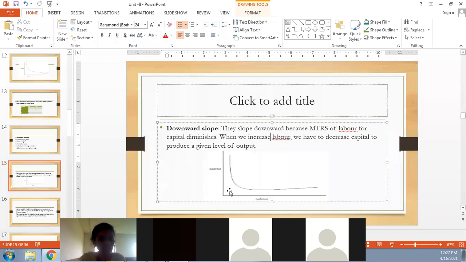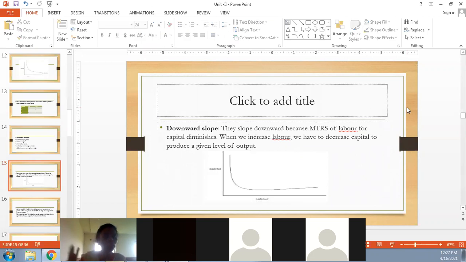When capital decreases, labor will increase. When labor increases, we have to decrease the capital to produce a given level of output. When we have a larger number of labor available, in such a case, if we invest more capital in machines and different types of equipment, the capital cost will go up. In order to minimize that, we decrease the capital.